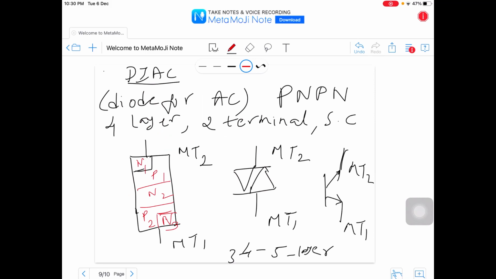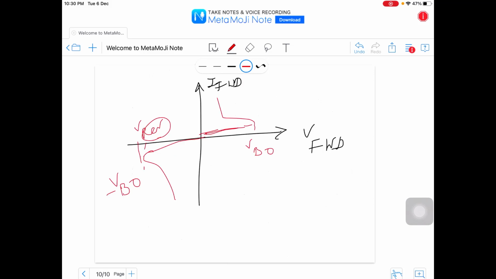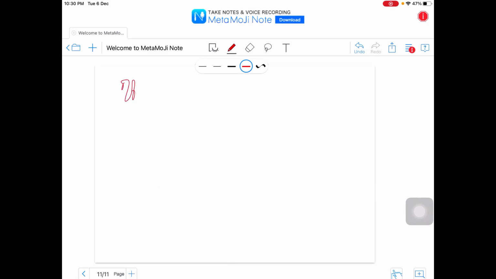Whichever polarity, it can be switched from off state to on state, or from on state to off state, depending upon the applied polarity. When you want to switch it from off state to on state, what happens?